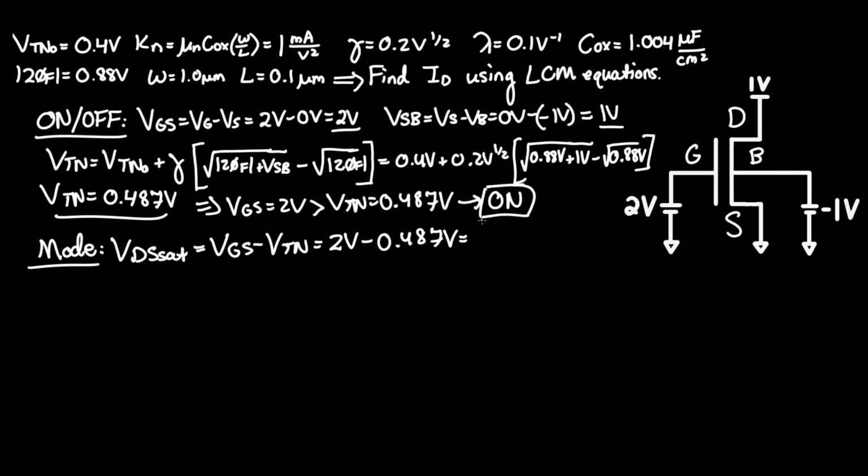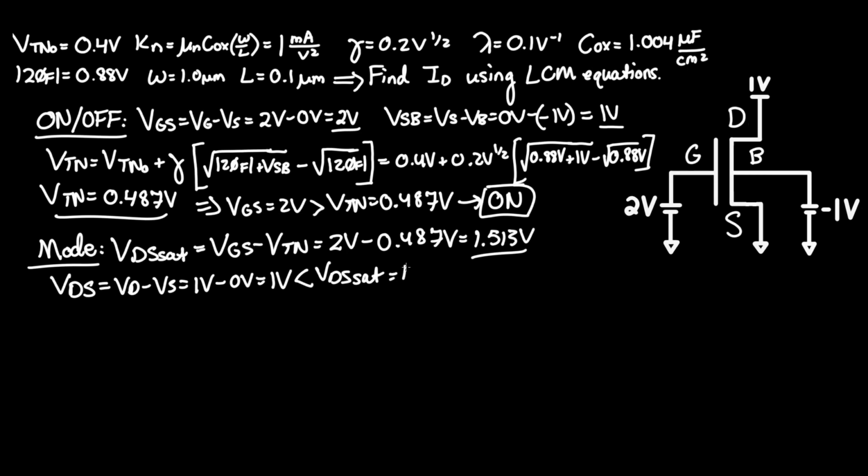And that equals 1.513 volts. Comparing this to VDS, which is VD minus VS, we can see VD is 1 volt minus VS, which is 0 volts, which is again 1 volt. And this, of course, is less than VDS sat, indicating that this NMOS transistor is in triode.